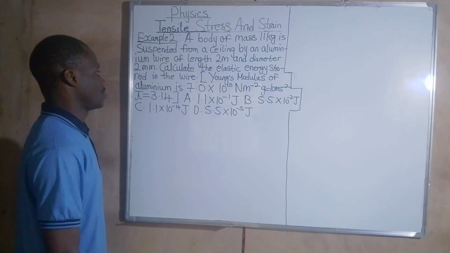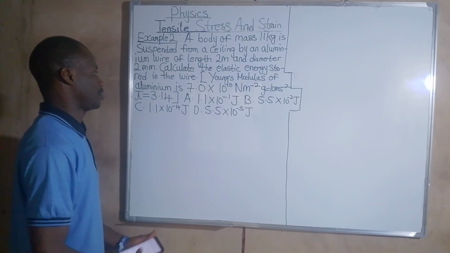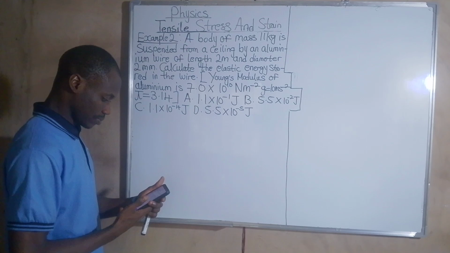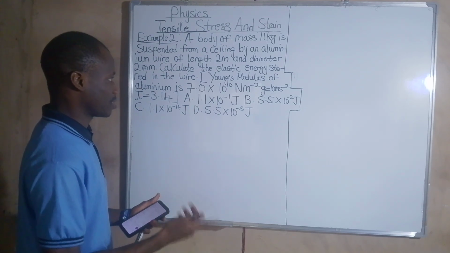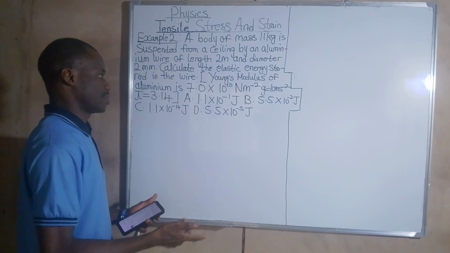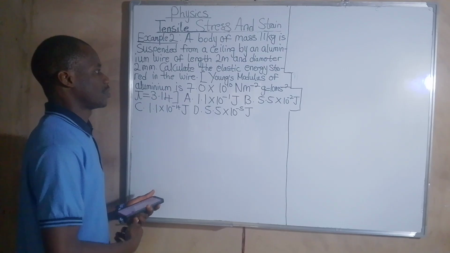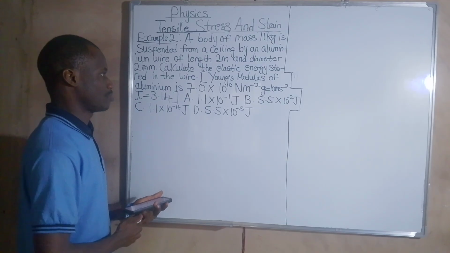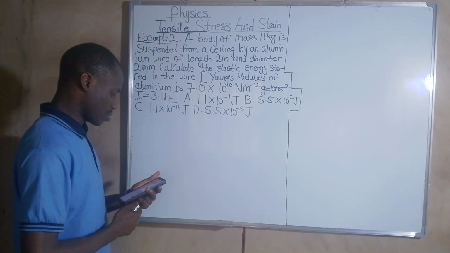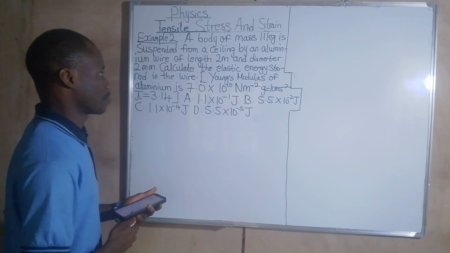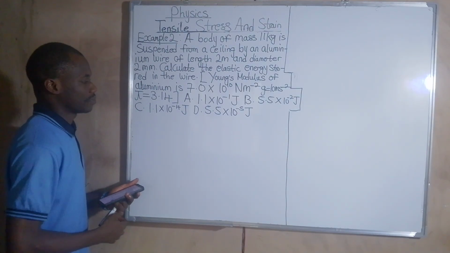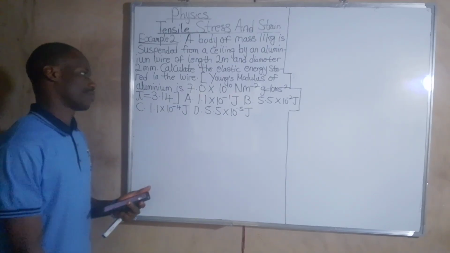The Young modulus of aluminium is 7.0 times 10 raised to the power 10 Newton per meter squared. The acceleration due to gravity, g, was given as 10 m/s squared. Then we're given pi as 3.14.